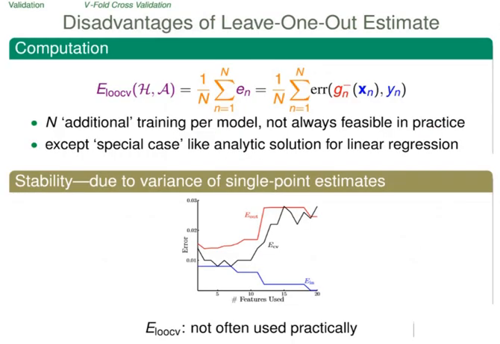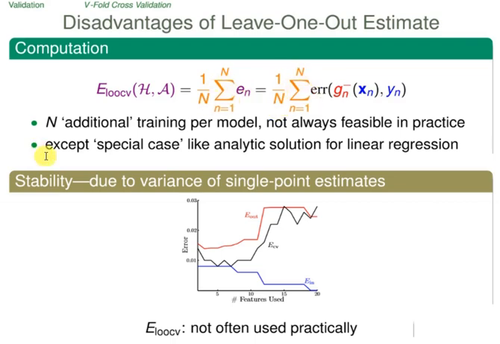One of the disadvantages of the leave-one-out cross-validation estimate is that the computation required for calculating this error requires an additional training per model, which is not always possible when you have a big training data set. So if you have 100,000 data points, you may have to train your model 100,000 times.